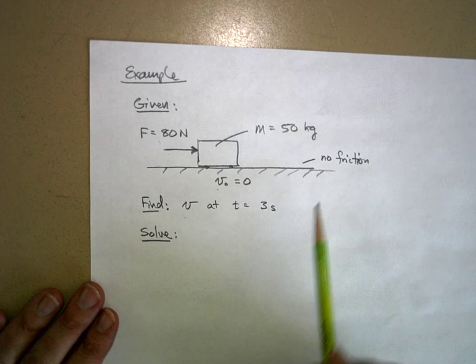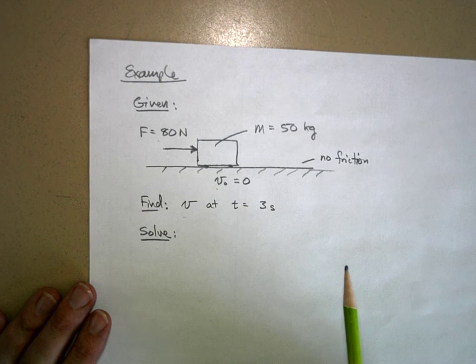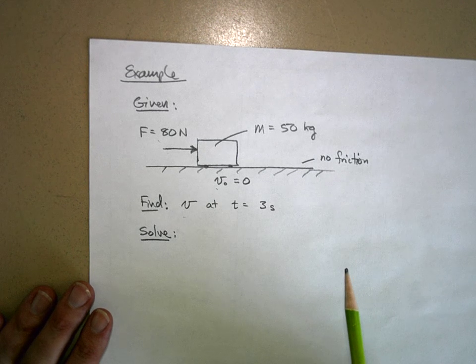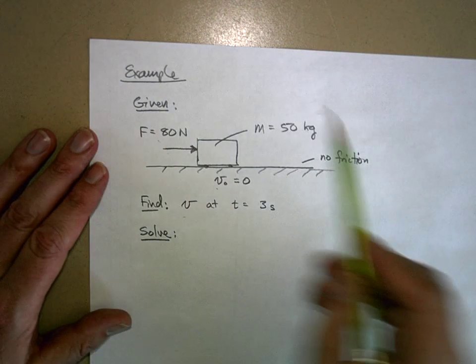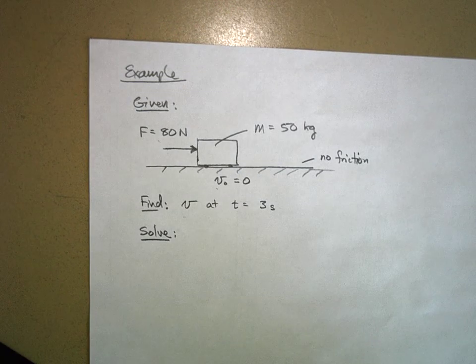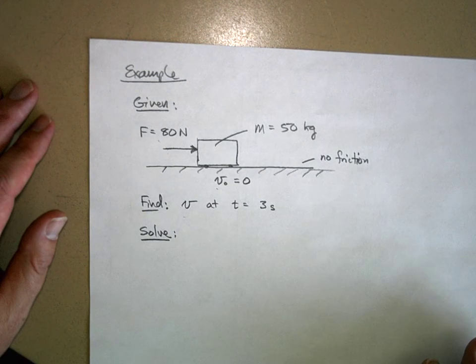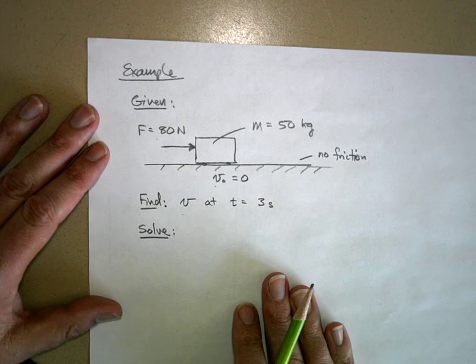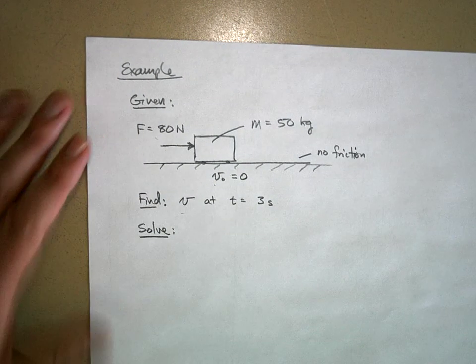We need to know what the acceleration is. And in order to get the acceleration, we need to know what the net force is and all that sort of thing. So, this is a pretty easy problem. But I'm going to go through the motions of using the procedure.